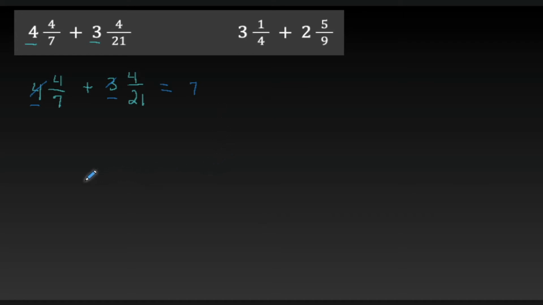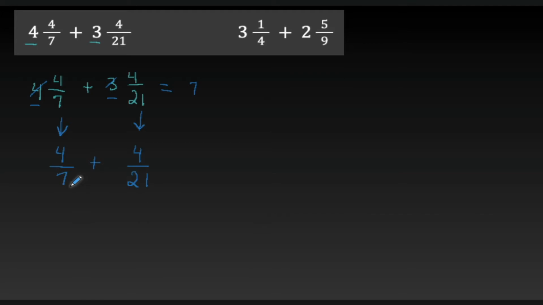Okay, next thing we need to do is add the fractions together. And remember, anytime you're adding fractions, you have to have a common denominator. So let's bring down this 4/7. So we have 4/7 plus, bring down the 4 over 21. So we can actually see that 7 divides evenly into 21.